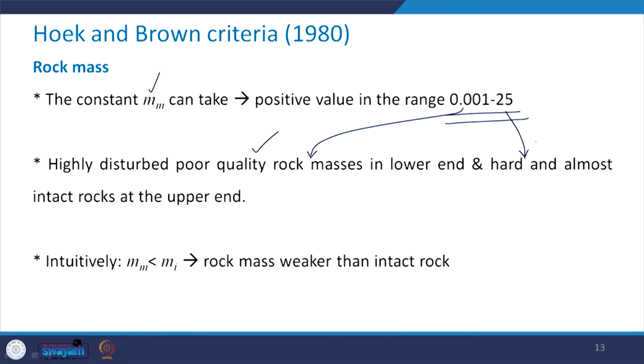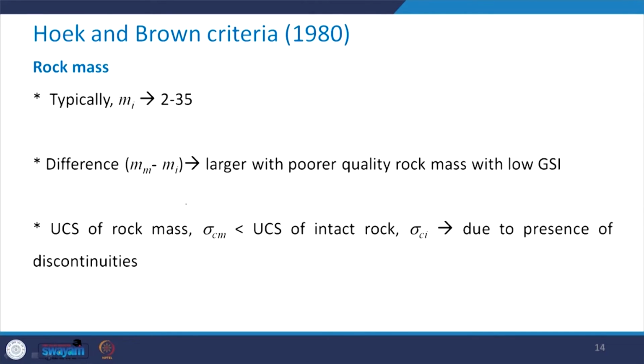Intuitively, we can say that because rock masses are weaker than the intact rock because of the presence of discontinuities, m_b will be less than m_i. Typically, this m_i is going to be in the range of 2 to 35.